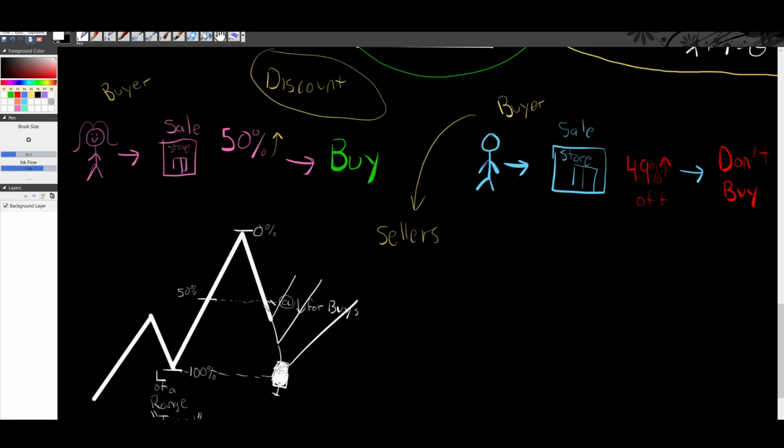It's a bullish trend. So this could just be one thing, or it could be an uptrend, and that trend is a range itself, or it could be a range of a candle.